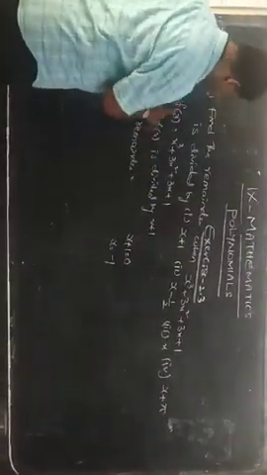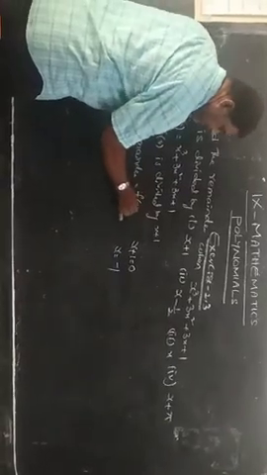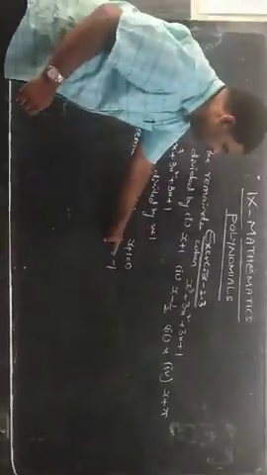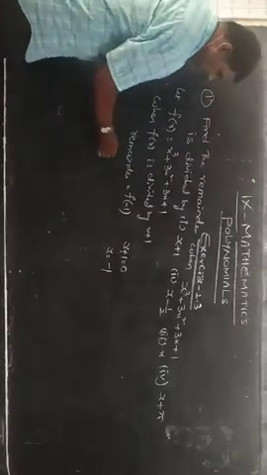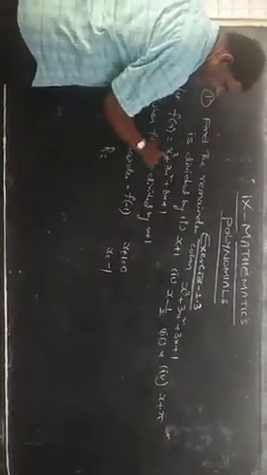That x value you substitute in f of x, so the remainder is f of minus 1. So let us find out the remainder f of minus 1.